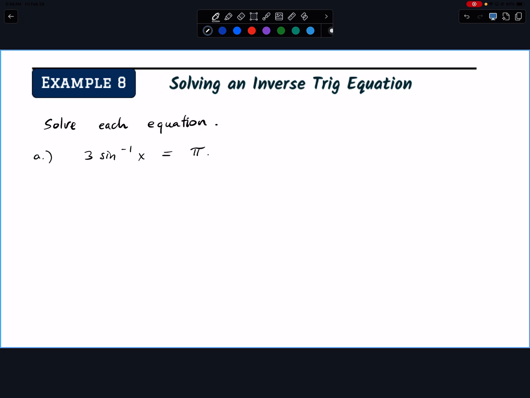Okay. So I want to get x by itself, so what should I do first? Divide both sides by 3. So I'm going to get sine inverse of x is equal to pi over 3. Now, if I want to get x by itself, what will cancel sine inverse? Sine. So I'm going to take the sine of both sides.